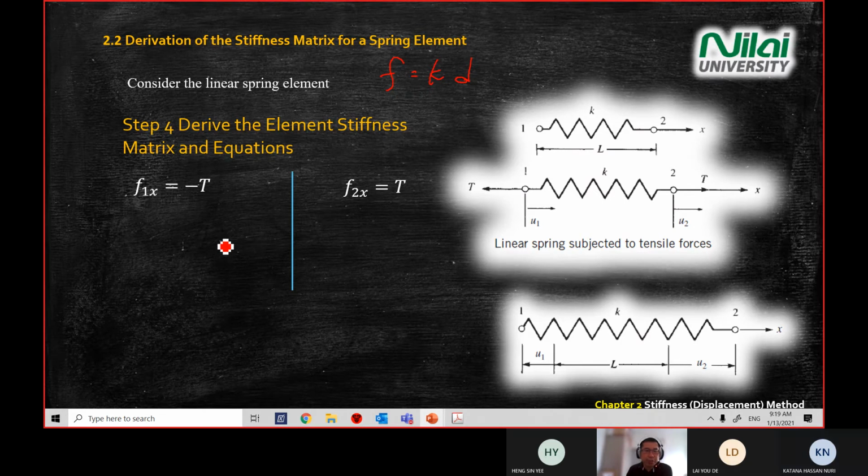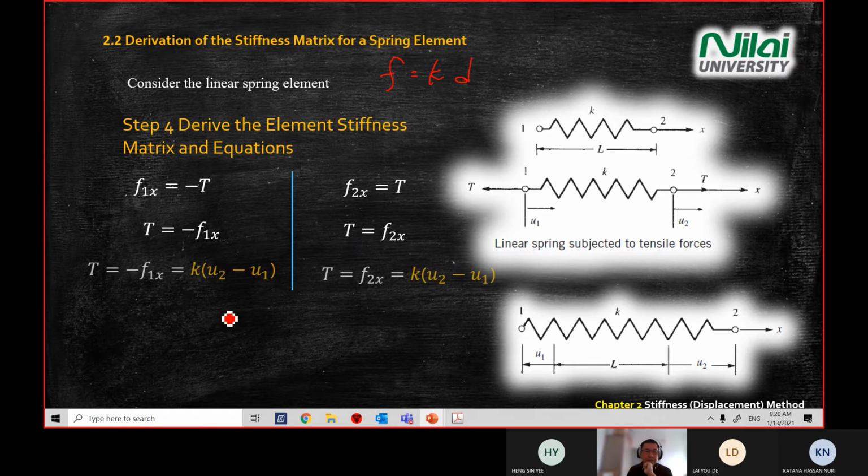Then we want to put everything in a T form. It means we move our T to the left, so you rearrange both equations. We put T equal to negative F1x and T equal to F2x. What we're trying to do here is put everything in the same dimension, so we focus on the tensile force, T equal to F. Then we put in what we understand so far.